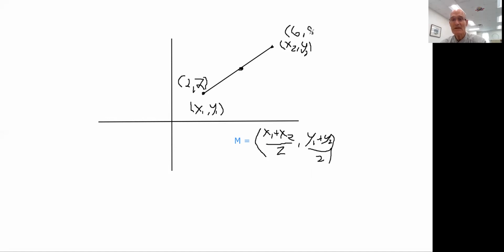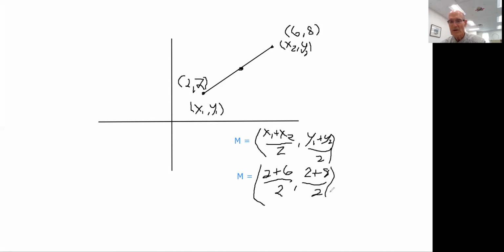So my midpoint, if I substitute in, capital M equals x1, which is 2, plus x2, which is 6, over 2, and then y1, which is 2, plus 8, which is y2, over 2.